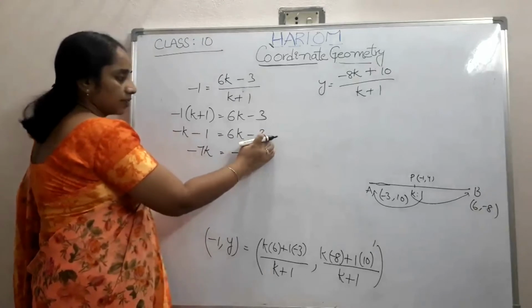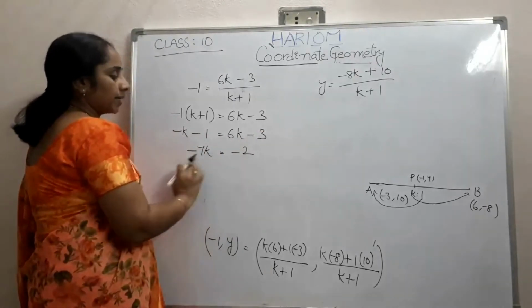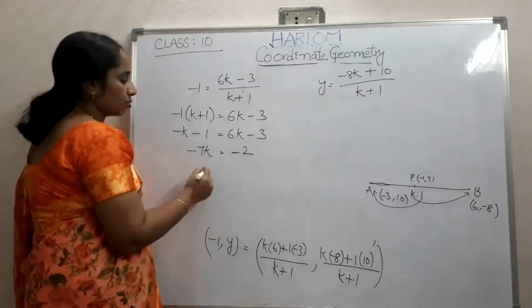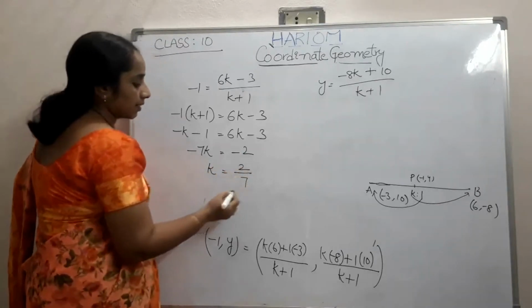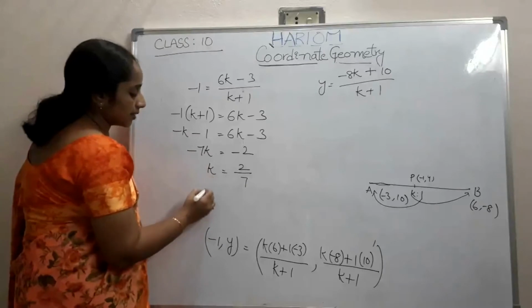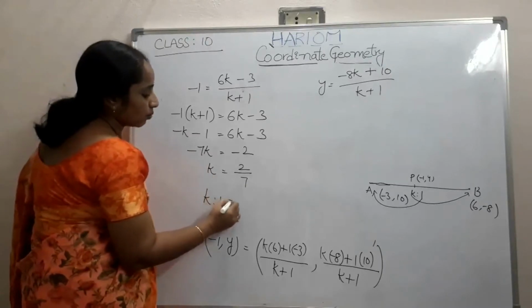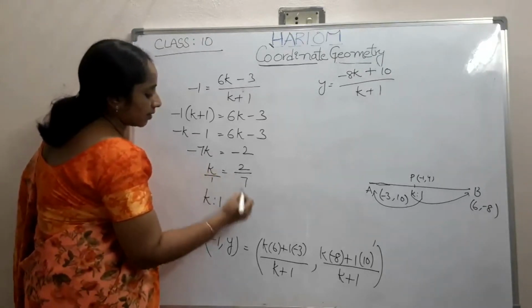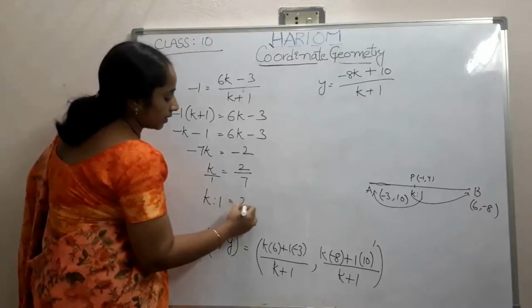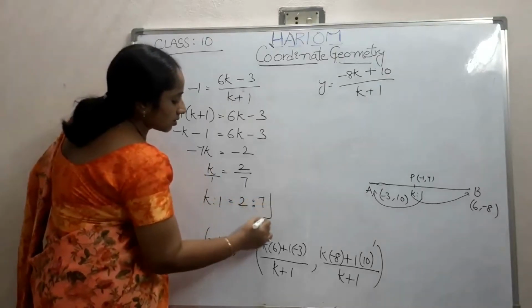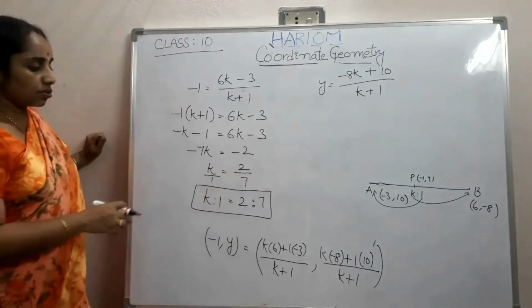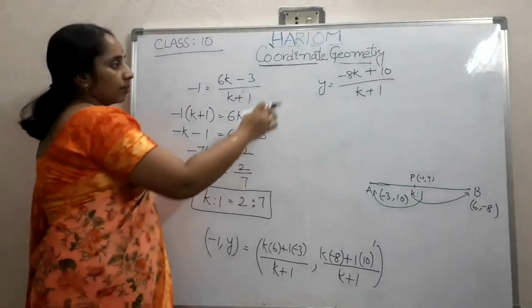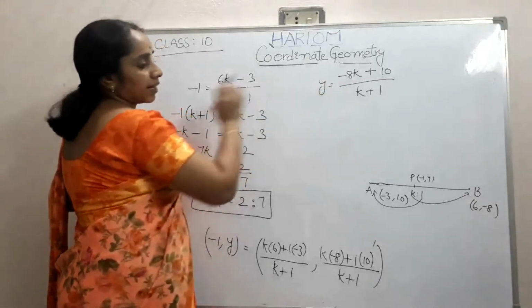So k is equal to 2 by 7. As I said already, k is nothing but k is to 1, that is k by 1, which is 2 is to 7. From this 2 is to 7, we can find the y value.